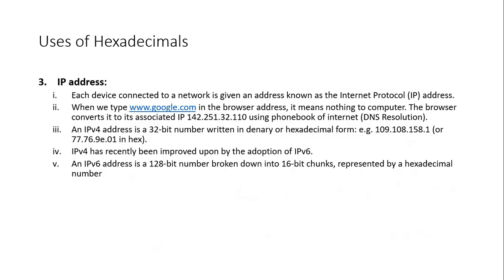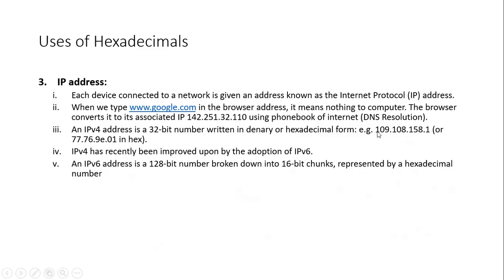IPv4 and IPv6, two types of addresses, are used. IPv4 is the old one, and IPv6 is the latest one. The difference is that IPv4 allows 32 bits, whereas in IPv6 we can have up to 128 bits. These IP addresses are given in denary format or a hexadecimal format.